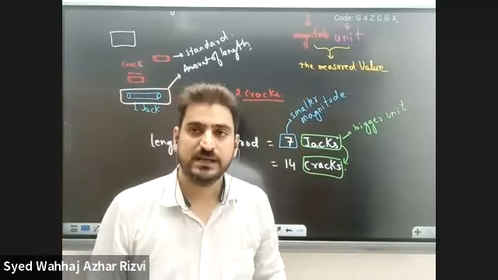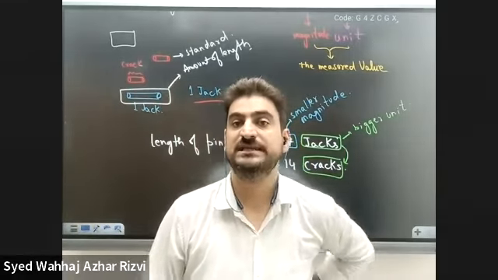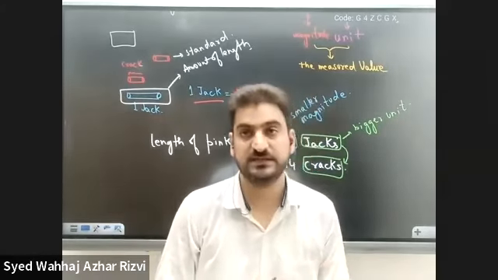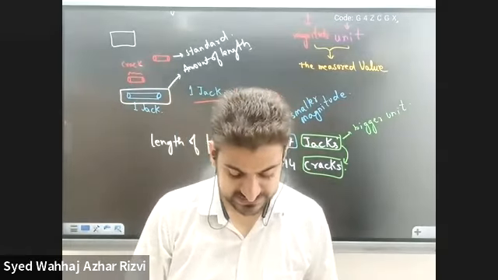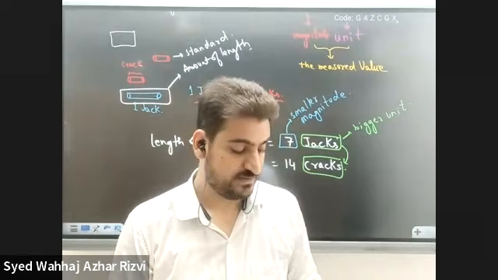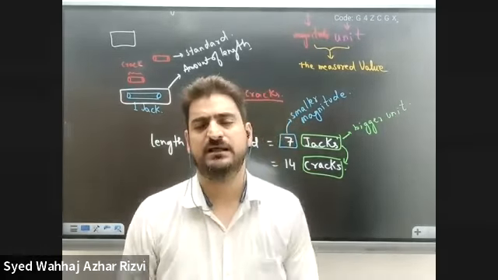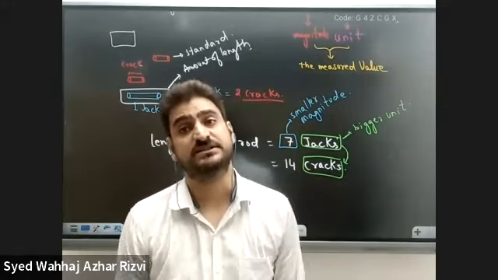So when we are talking about length, we can measure length using different units. We can measure length in meters, feet, inches, light year, parsec, decimeter, millimeter, kilometer. There are n number of standard units which I use to measure length.